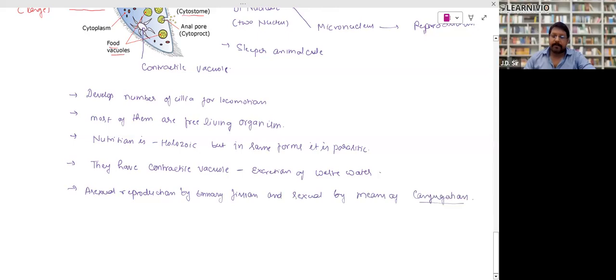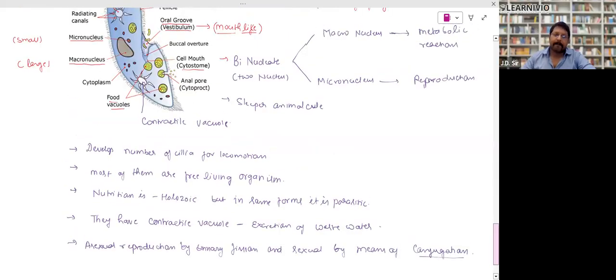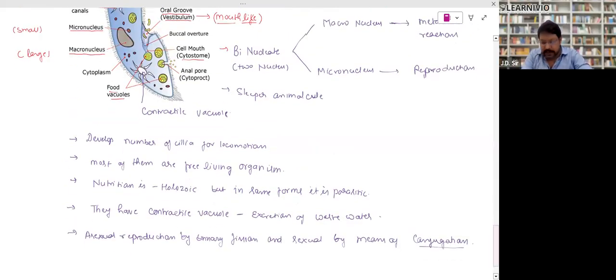Is that clear? Go through it and tell me. And that is what Protista. It is also written as asexual reproduction by binary fission and sexual by means of conjugation.